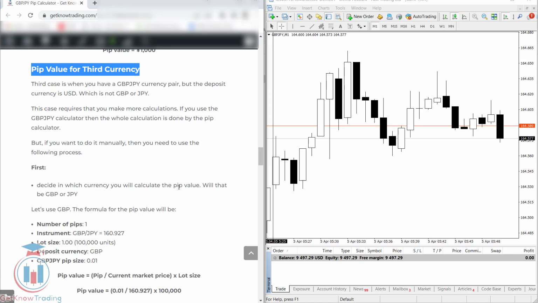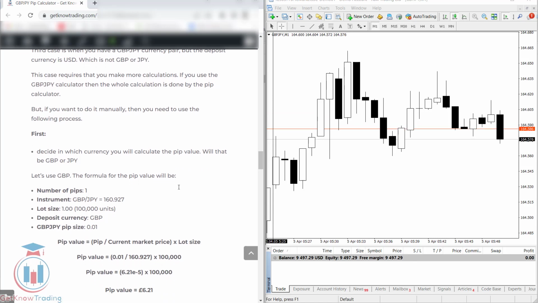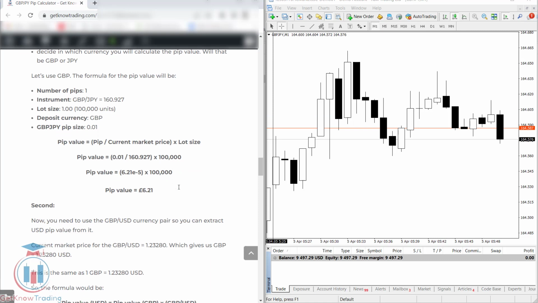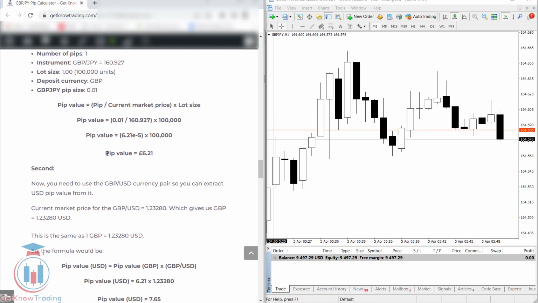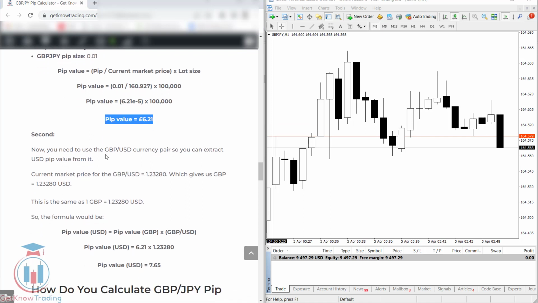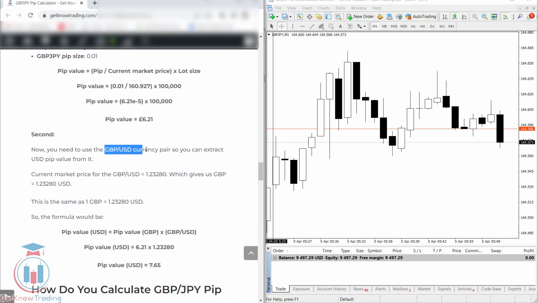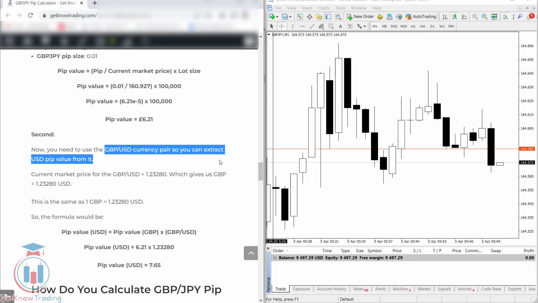And for the third currency, you can see how to make the calculation. The formula is here. First calculate the pip value in GBP, and then second you need to use the GBP USD currency pair so you can extract the USD pip value from it.